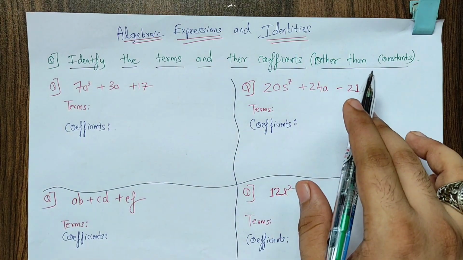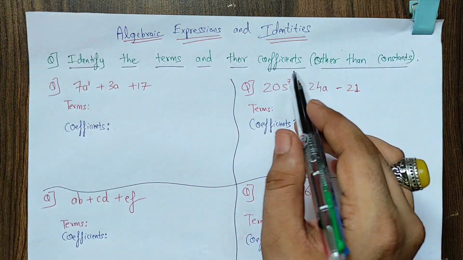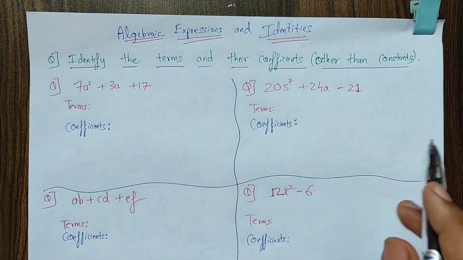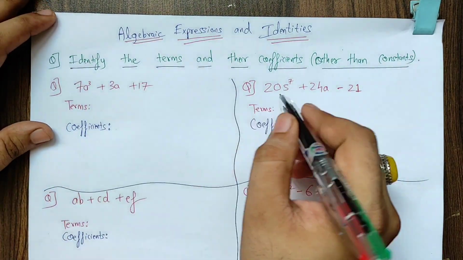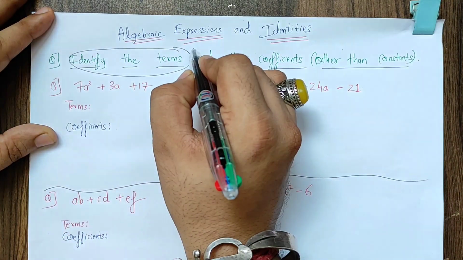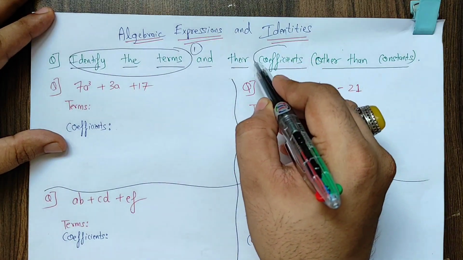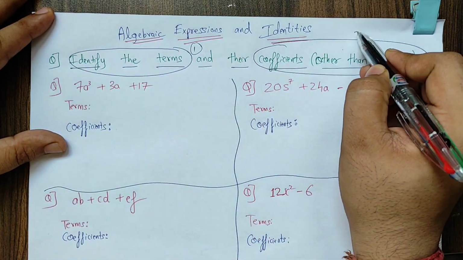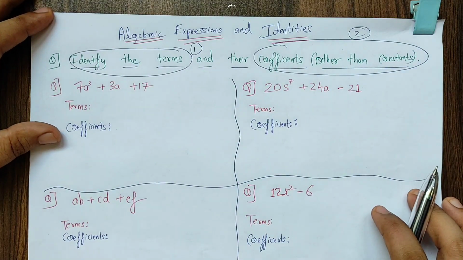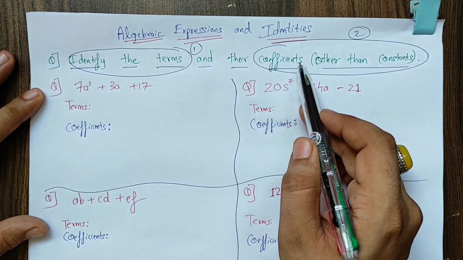Other than constants. Other than constants means, first of all, there are 2 things in this question. First is to identify the terms, and the second sub part is to identify their coefficients.